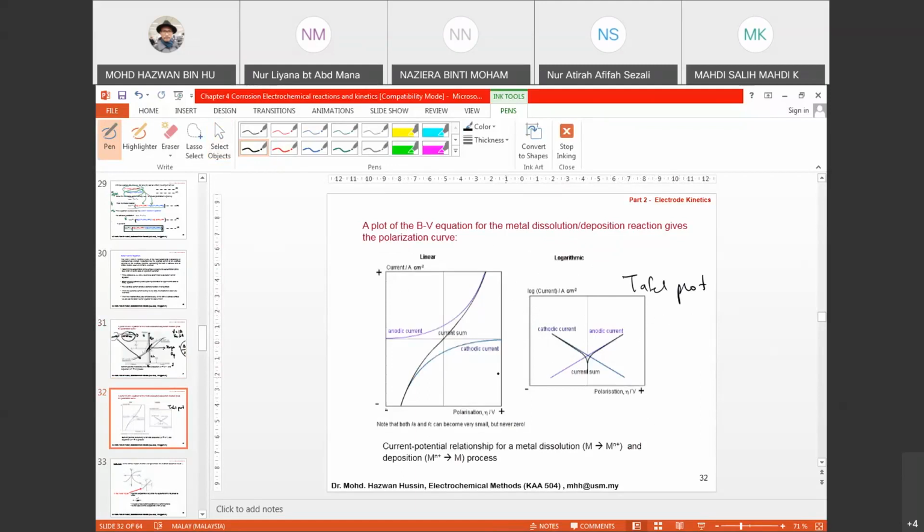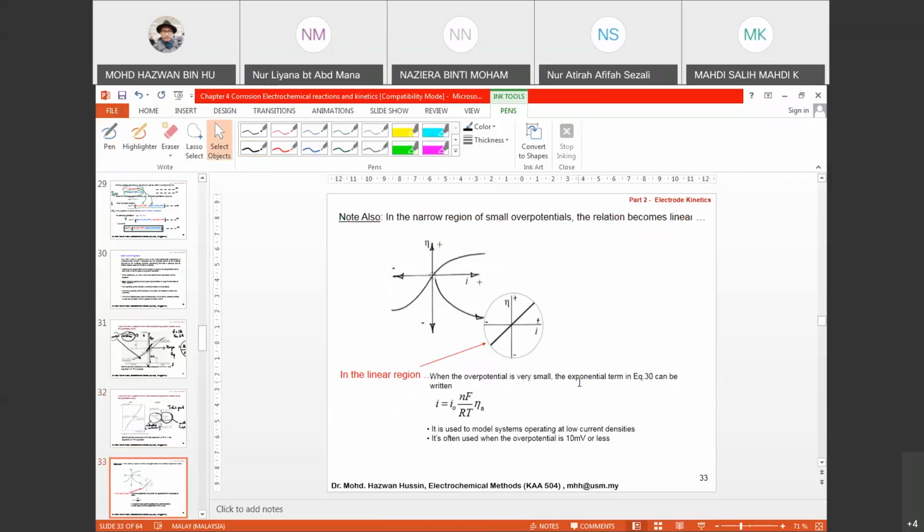Same thing, you are looking at the anodic side and also the cathodic side. You have an anodic current and also a cathodic current. This indicates that half of this is for the anodic reaction, oxidation to be more precise, and the other half is for the cathodic reaction, which is reduction.